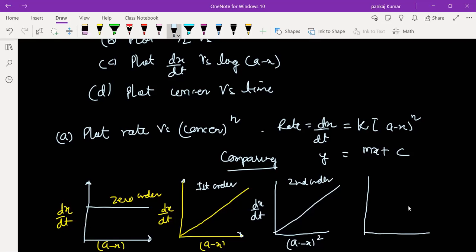Similarly, if you draw the graph for the third order, this is dx by dt equals (a minus x) whole cube. The graph will be again this one, only there is a difference of slope. Slope is variable, right? Everywhere the slope is k only, right? Slope is variable only.